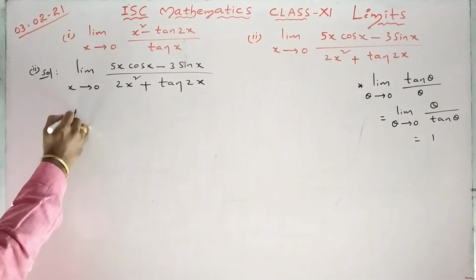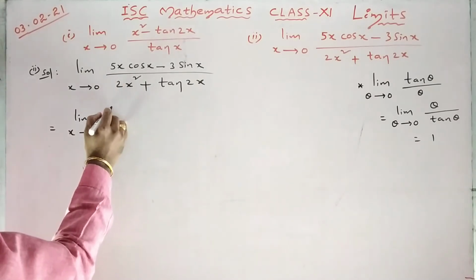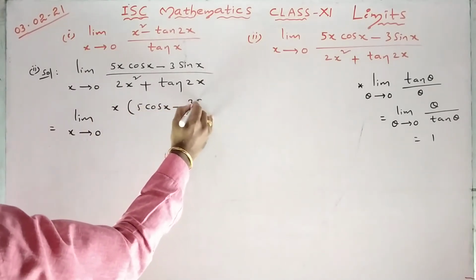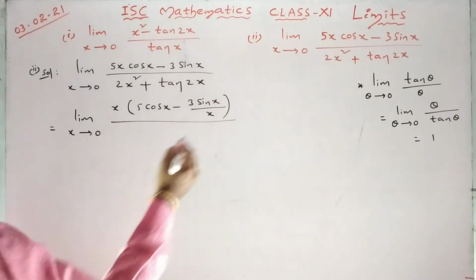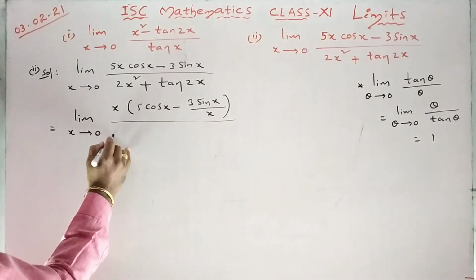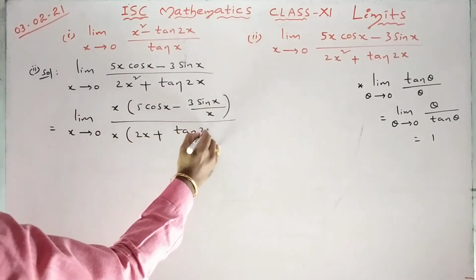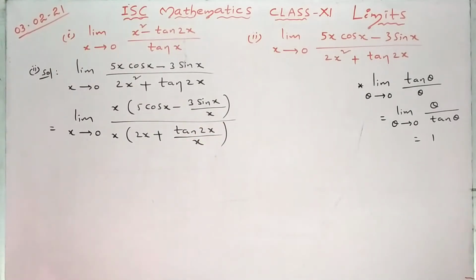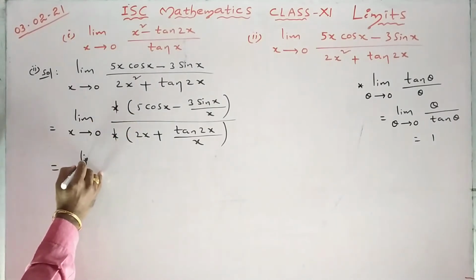So this can be written as limit x tending to 0, take x common, then 5 cos x minus 3 sin x by x. Same model. Here also take x common, so 2x plus tan 2x by x, right? Here x gets cancelled, so what is remaining?